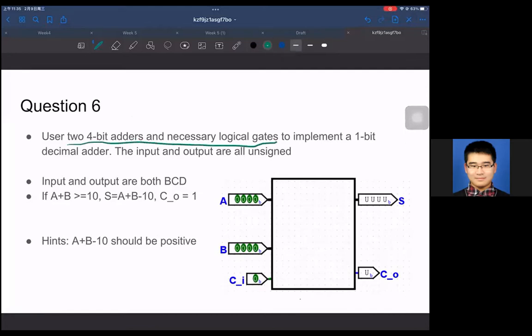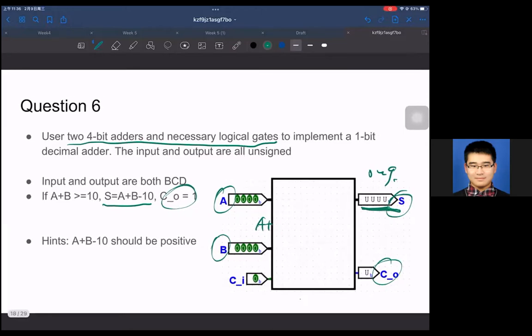Or if you prefer, you can use components to implement a 1-bit decimal adder, which has two 4-bit inputs, A and B, and outputs S and CO. But S over here will range from 0 to 9. And if A plus B is greater than or equal to 10, then I will get a carryover, which is just what we normally do in a decimal adder.